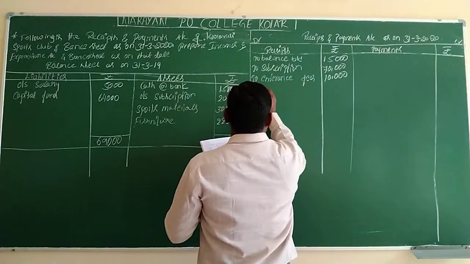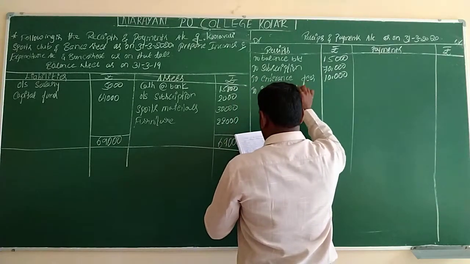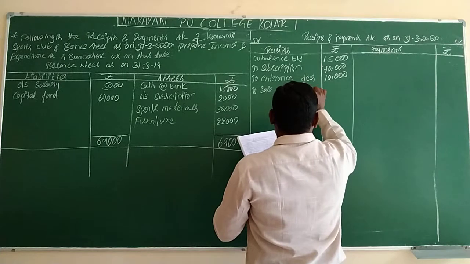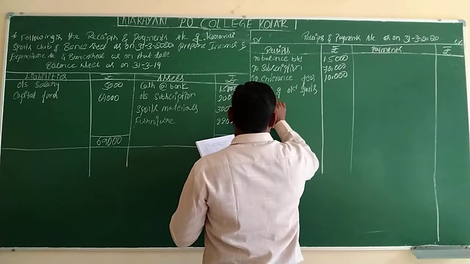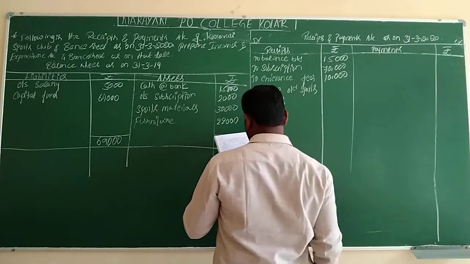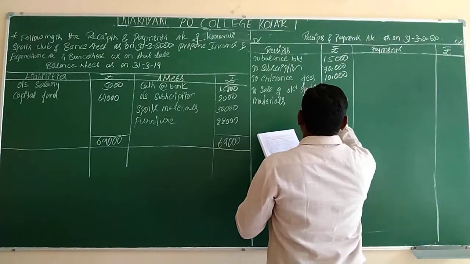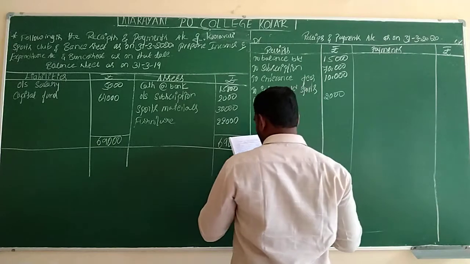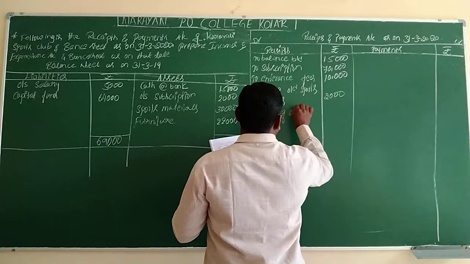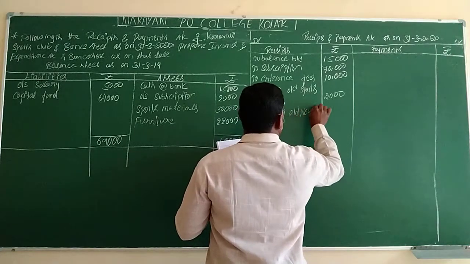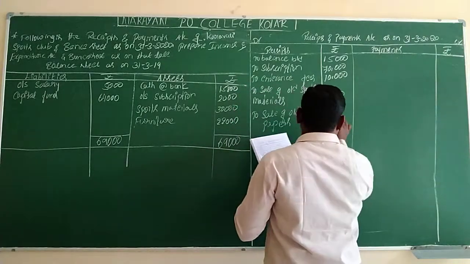To sale of old sports materials 2,000. Sale of old newspapers 800.